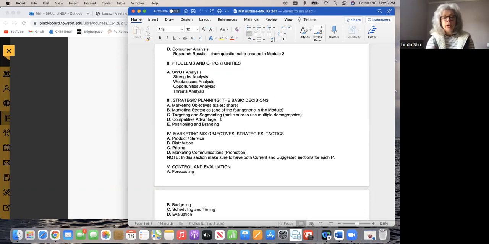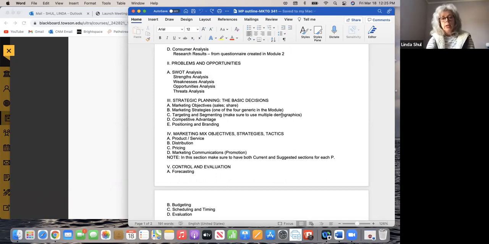Okay. The next one is targeting and segmenting. Now we've been going through this and I haven't graded this assignment yet, but for targeting and segmenting, as you know, we have to use demographics and we can use psychographics and behavioral, but I really want to see multiple demographics at the very least here.